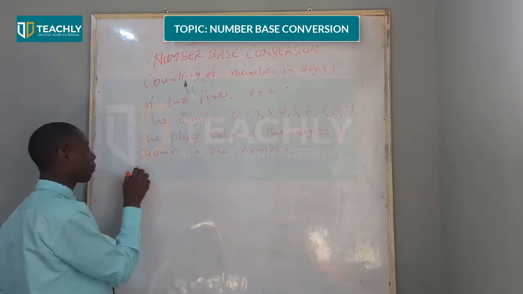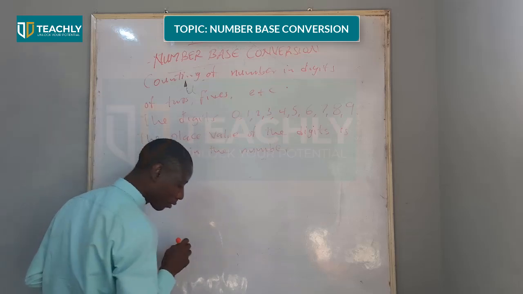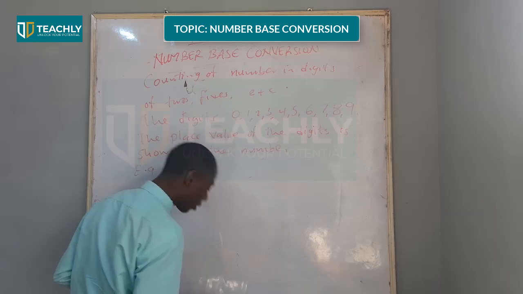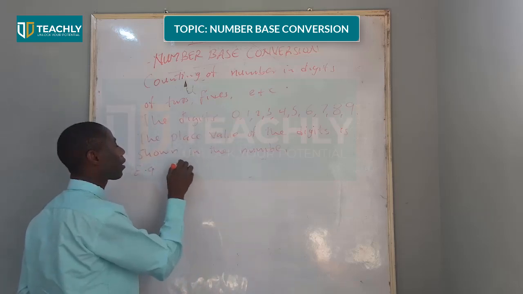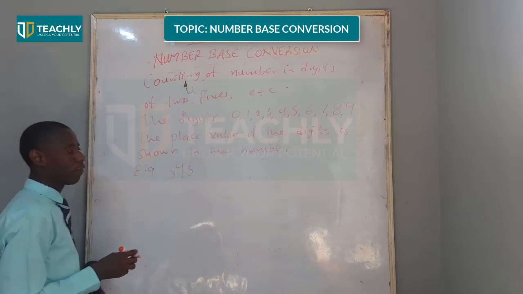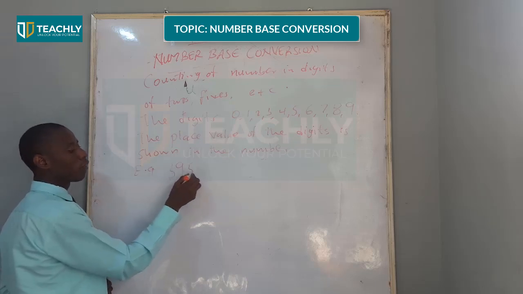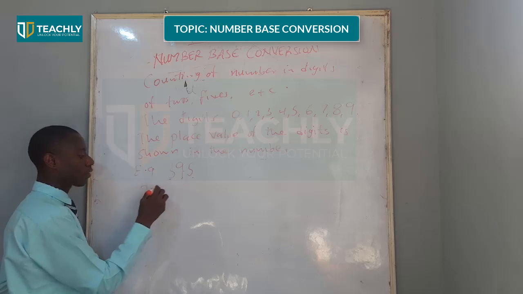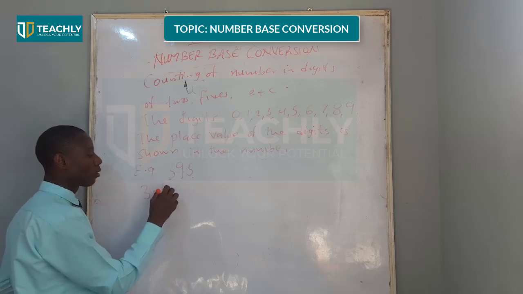Let's look at it. For example, if you have something like this, let's say you have 395. For this 395, you can know the value of each digit. That's what we call place value. For example, here our 3 stands for 300.